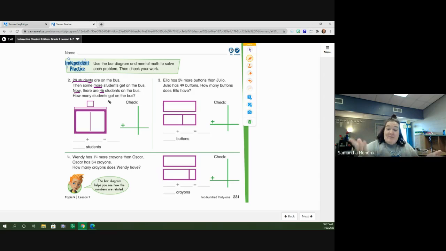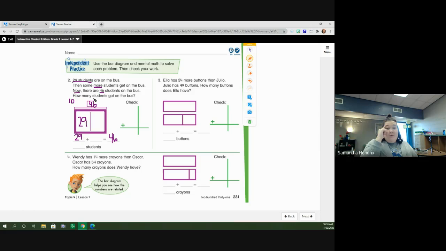So 29 is a part. So I'm going to put 29 right here. 46 is our whole. So I'm going to write that up here. Now we have to figure out how many. So we have 29 equals 46. Okay, so let's do mental math. 29, let's go up 10. 39. Okay, so we've added 10. I'm just going to keep track over here. So we're at 39.